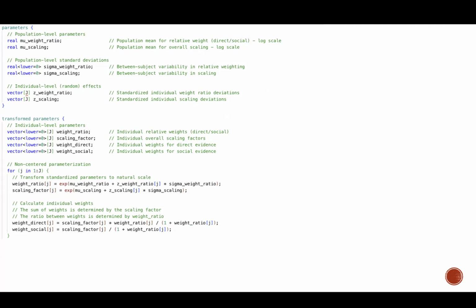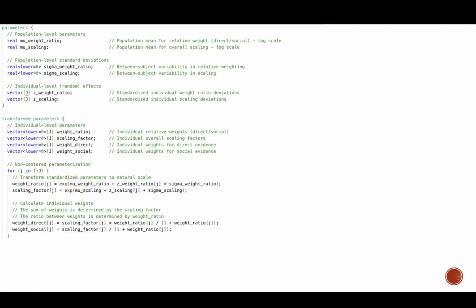We then do the same thing that we've done before in the transformed parameters, where we transform the weight ratio and the scaling factor so that there is a mean that's external at the population level, and an individual variation multiplied by the standard deviation.